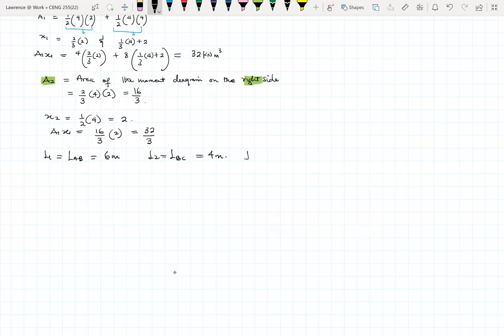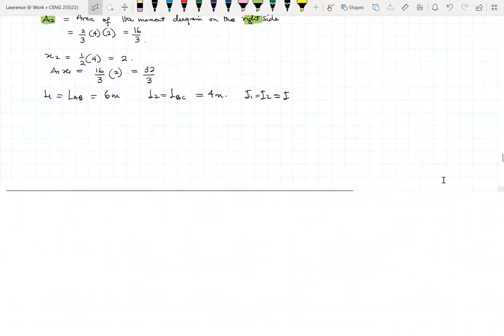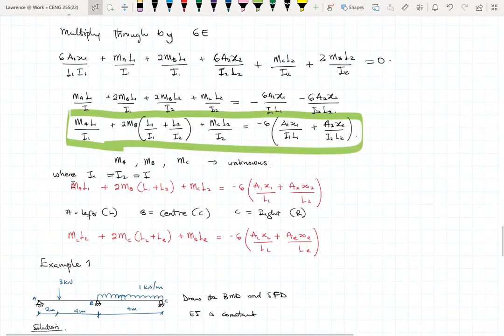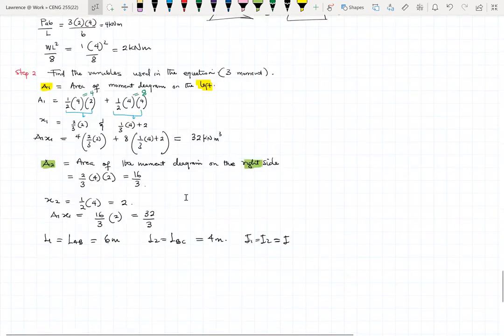I1 is equal to I2 is equal to I. So we have established all of these unknowns. I can use the simplified version of the third equation to just solve that.